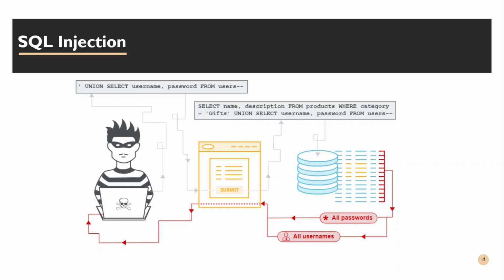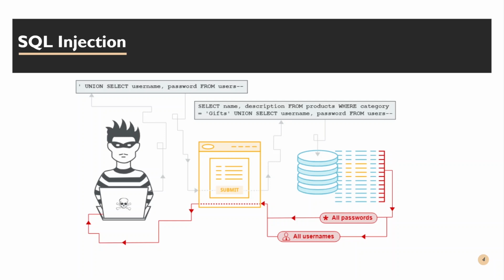Now, if an attacker is able to break this application and combine it with another query using the UNION statement. So for example, let's say the UNION statement is being appended and we now have SELECT username, password FROM users. Then we're commenting out the other parts of the query. So what this is basically trying to say is, the application is going to retrieve the first query, which is all products that have the category gift, and then it is also going to retrieve usernames and passwords from the users table.